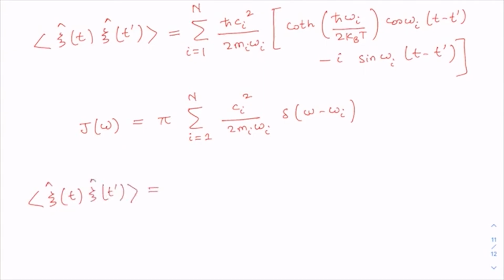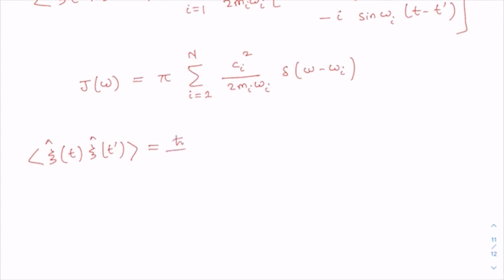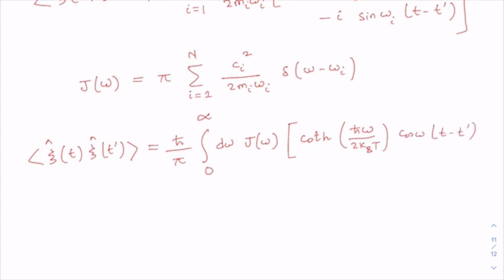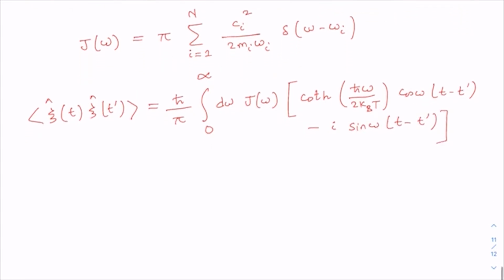You can just put it in, and please look into the classical case once again, and you will get h cross by pi, integral from 0 to infinity d omega J(omega) coth(h cross omega by 2 kBT) times cos omega(t minus t') minus i sin omega(t minus t'). Alright, so this is what you will get.